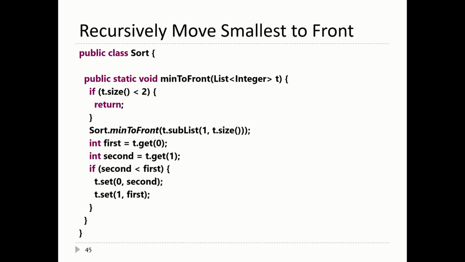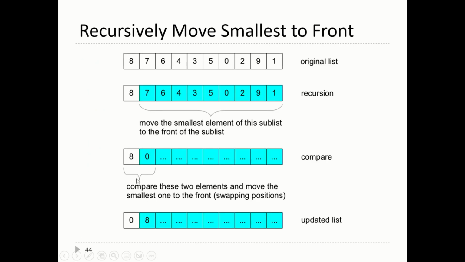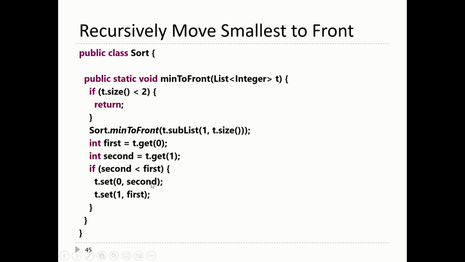Now, the first step in our recursive method was to move the smallest element in the rest of the list to the front of the sublist. If you remember that min to front moves the smallest element in T to the front of T, then you can just recursively call the method, passing in the rest of the list.